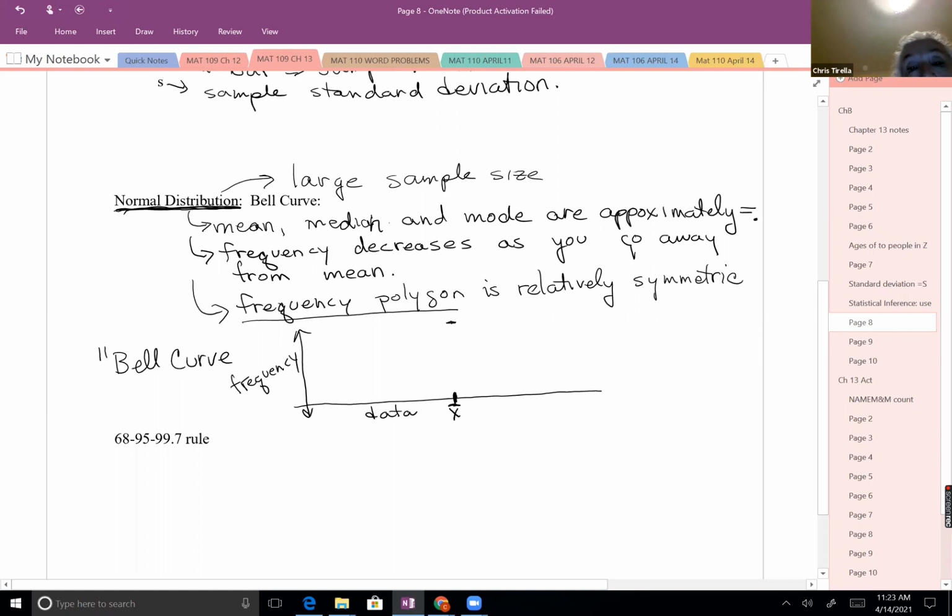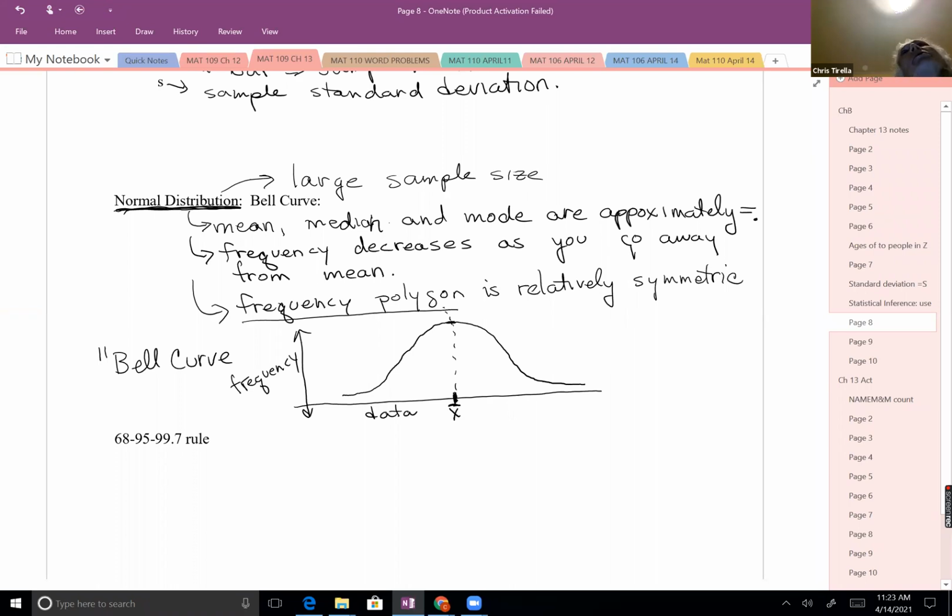And as I get smaller, I'd expect that frequency to go down. And as I get larger, I would expect that frequency to go down. It doesn't quite exactly match up if I fold it in half, but it's pretty gosh darn close.